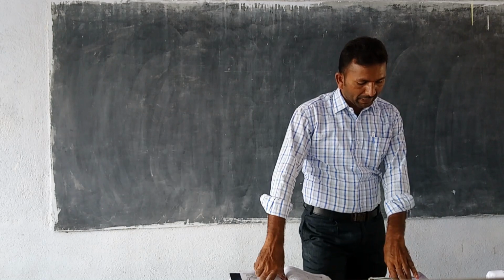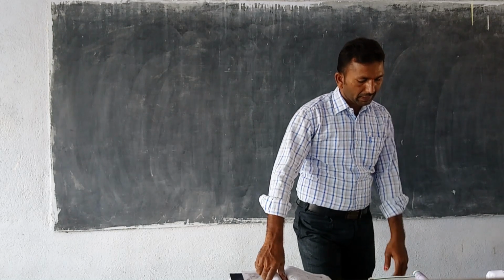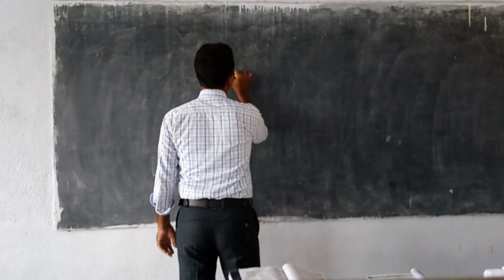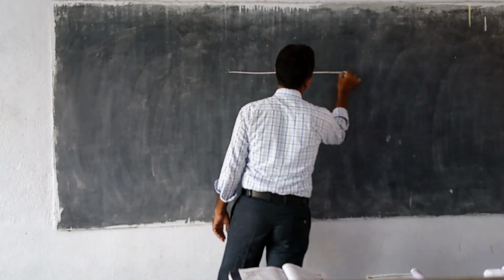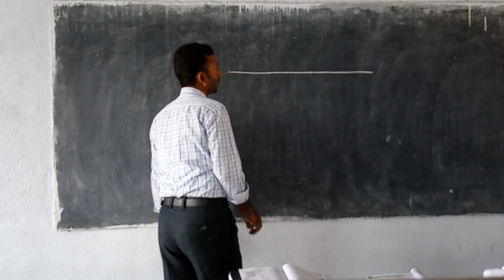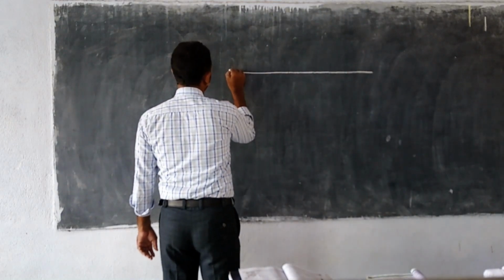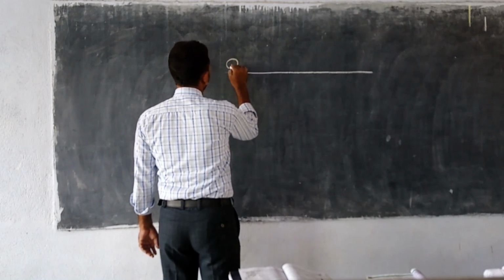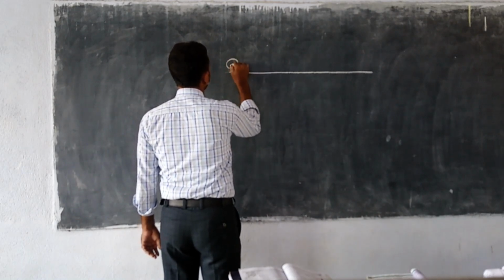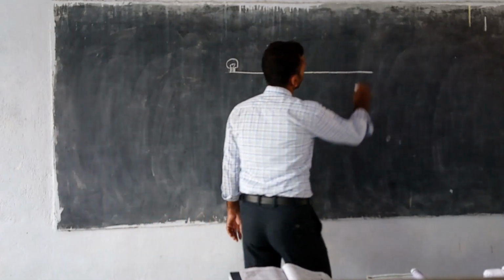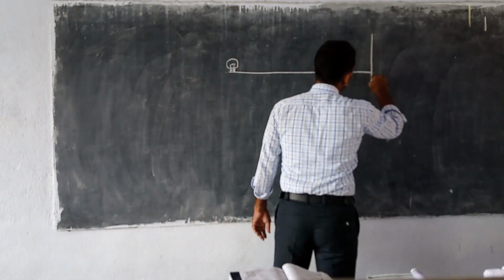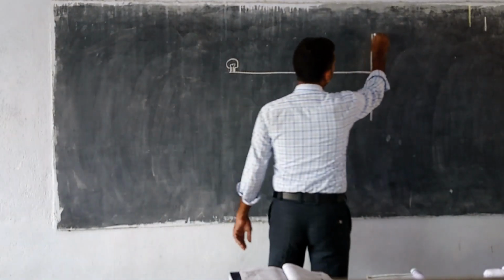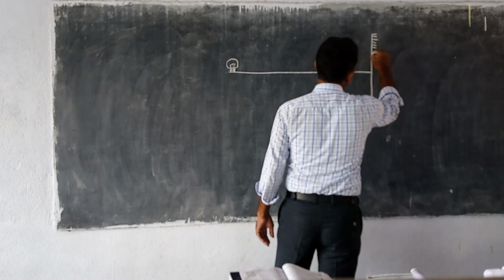First, an electric lamp and a screen are placed on the table. So I am taking a table here. This is a table, and an electric lamp and a screen are placed on it, and this one is a screen.